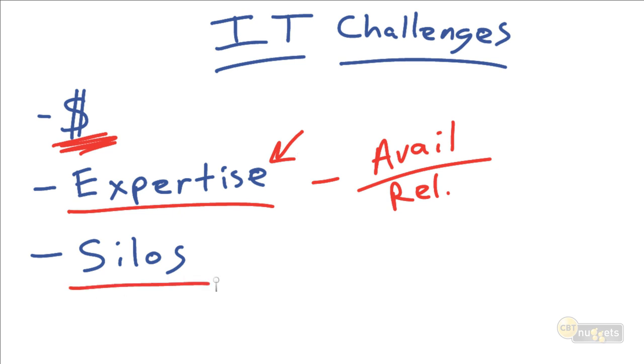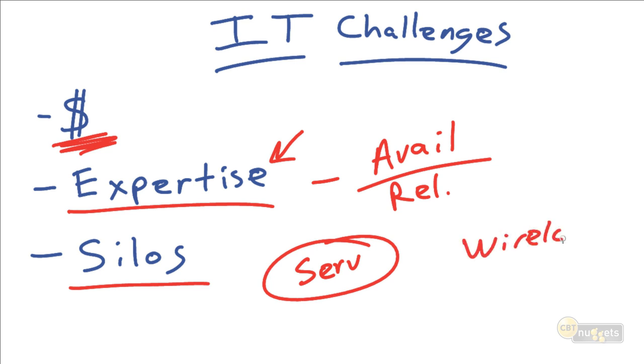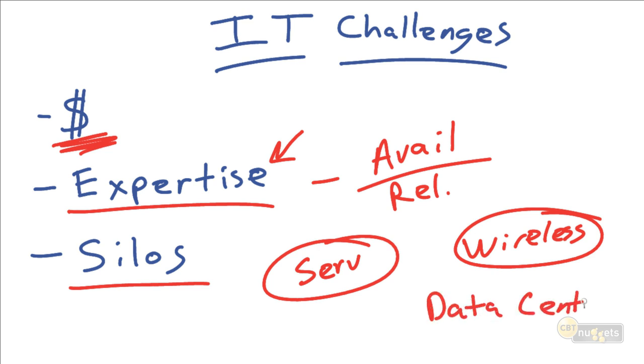How about silos? What we mean by this buzz term is that the information technology department can really start to segregate itself much too dramatically. You've got server people, and the server people say, we're the server people, and we don't want to talk to the wireless people. The wireless people, all they do is give us problems. And the wireless people don't want to talk to those really strange guys and girls in the data center.